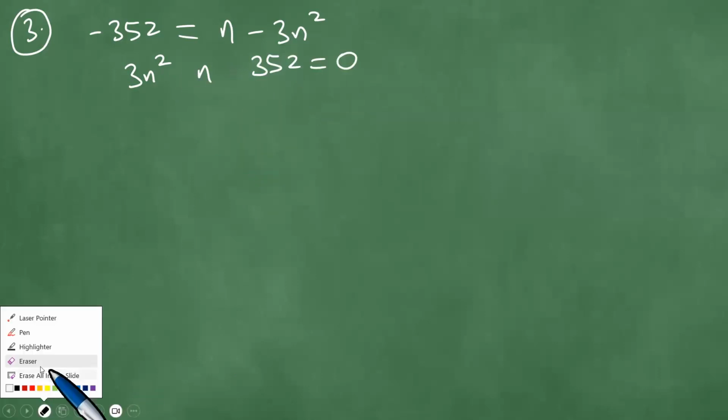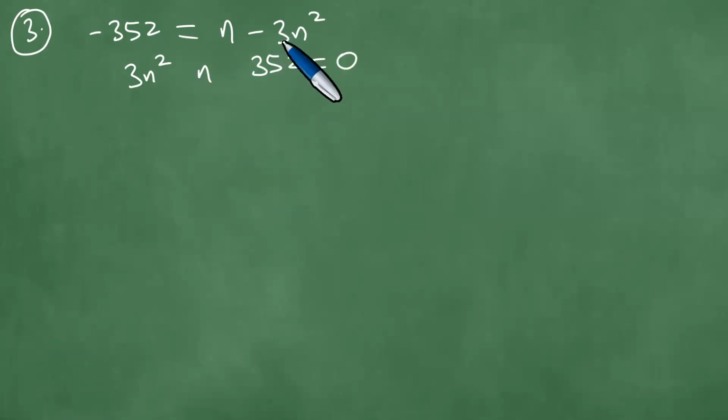Let's just make sure we have the correct signs. First, I moved the minus 3n squared because it was negative and then became positive, and then the n is going to become negative, and then this one is negative. So it's only the 3n squared that was negative, and now it became positive. The n will therefore become negative, and we find a negative 352 there.